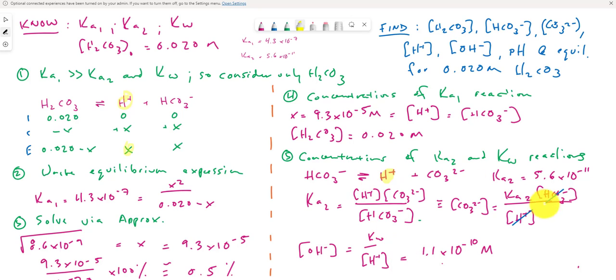But if you add this number, 5.6 times 10 to the minus 11, to the first proton concentration, which is 10 to the minus 5, that's 6 orders of magnitude difference, and it won't matter. It won't add up in the digits that we're keeping as significant. And so in the end, the pH is simply going to be the negative log of this first proton concentration, which in this case is 4.03, and we're keeping 2 digits past the decimal as that was the constraint in the number of significant digits that we had in this problem.